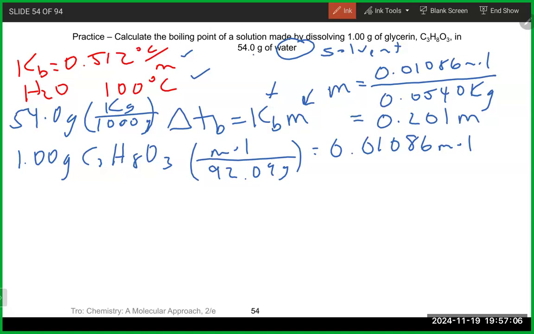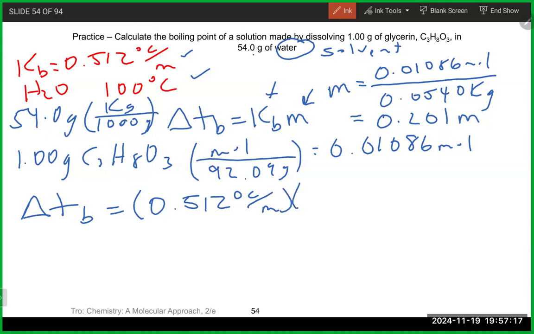Now we have basically everything that we need to calculate the change in the boiling point temperature. That's going to be our KB, which is 0.512 degrees Celsius per molality, times our molality we just calculated, 0.201 little m. That's going to give us 0.10 degrees Celsius. Once again, you got to remember that we're looking for the boiling point temperature.